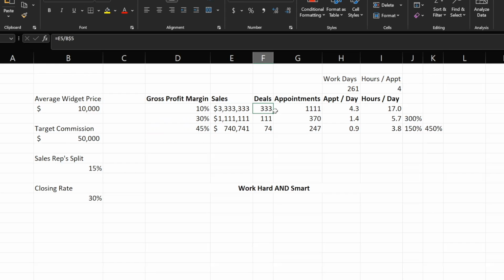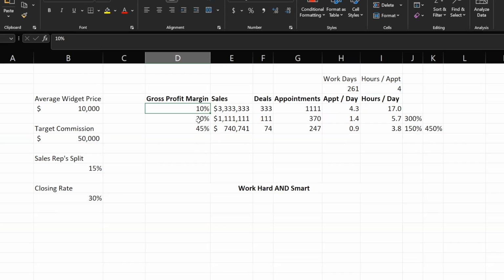If you're closing at 30%, you would have to run over 1,000 appointments, which equates to over 4 appointments per day, assuming you're working only 5 days a week. If each appointment takes 4 hours, including running the appointment, preparing for it, following up, and putting paperwork together, that means you would have to work 17 hours per day to make the $50,000 at the 10% gross profit margin.